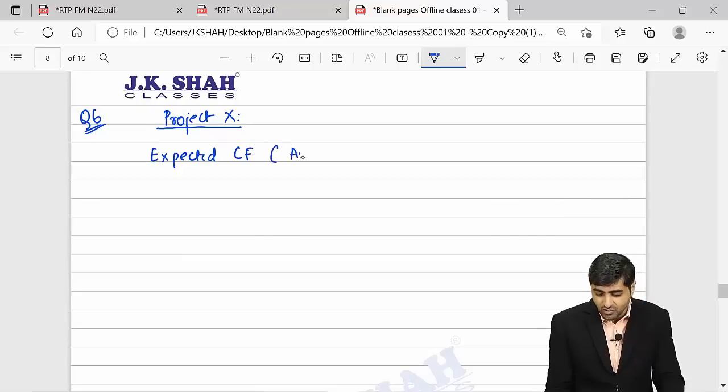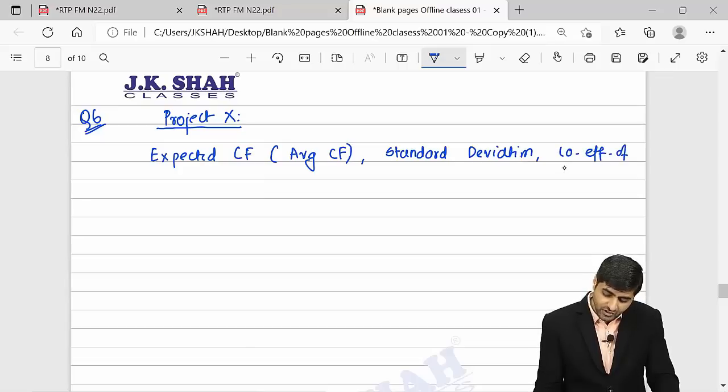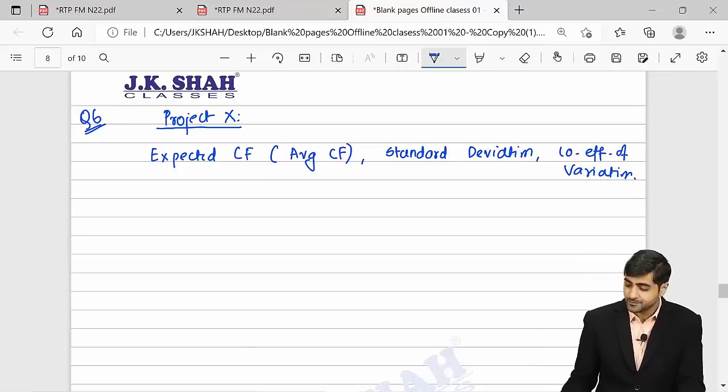Expected cash flows are also known as your average cash flows. Then what should be your standard deviation? And then what should be your coefficient of variation? These are the three things which we are required to calculate.